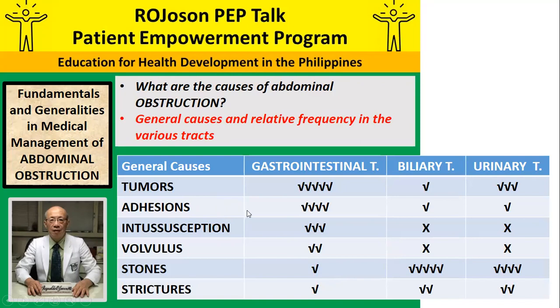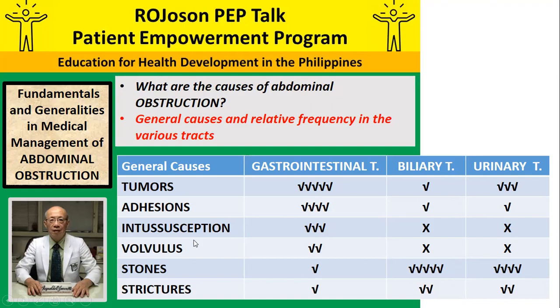Now, for the relative frequency of the causes, for the gastrointestinal tract, the most common cause of obstruction is the tumor. And for the biliary tract and urinary tract, stones are the most common cause of obstruction.